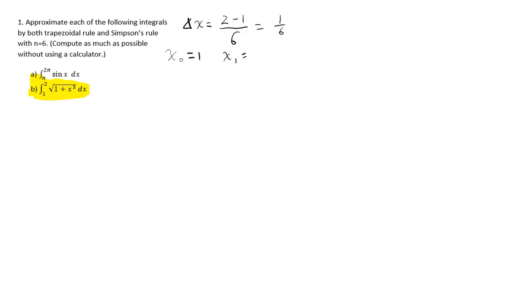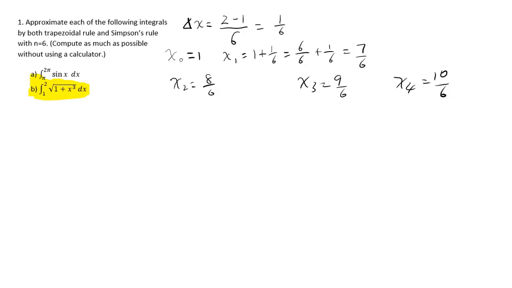Then x1 would be 1 plus 1 over 6, which is 6 over 6 plus 1 over 6, which is 7 over 6. x2 would be 8 over 6. x3 would be 9 over 6. x4 would be 10 over 6. Because you keep adding 1 over 6, right? x5 would be 11 over 6. x6 is 12 over 6.